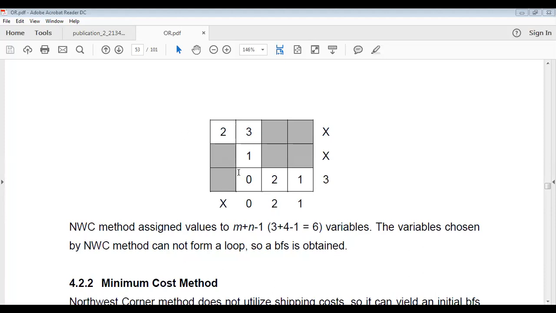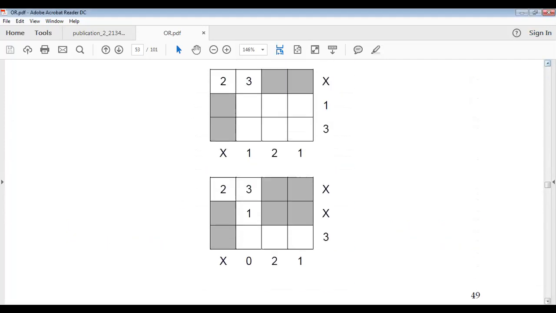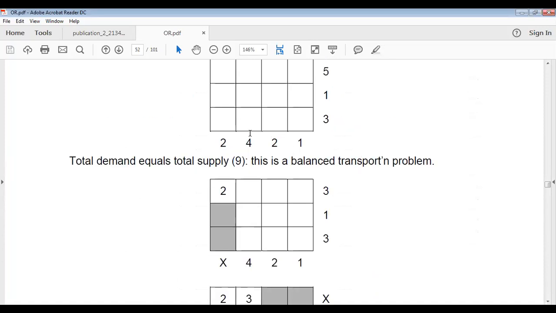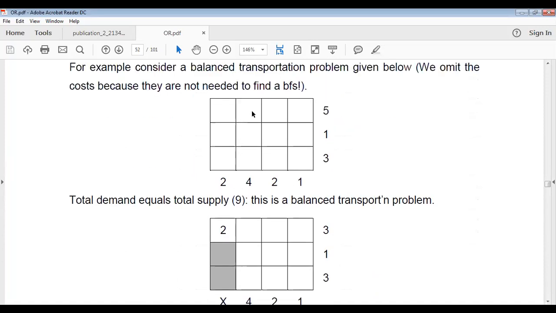Like that you have to allocate. Initially, because you have learned so many things, you need not do all these things. Directly, the first allocation is 2. After that, how much can you allocate? 3 here. 2 is vertically balanced and 3 means horizontally balanced.